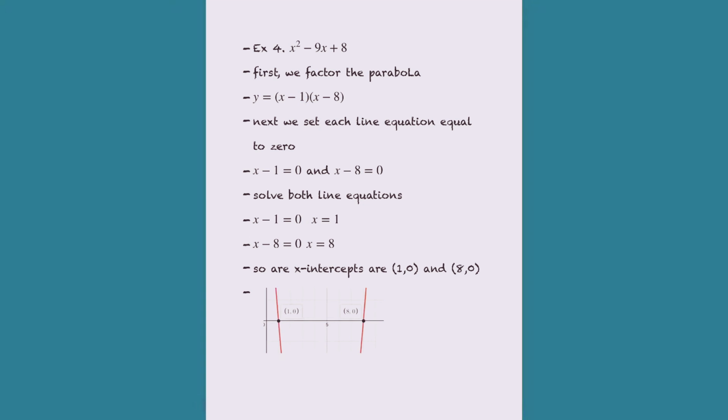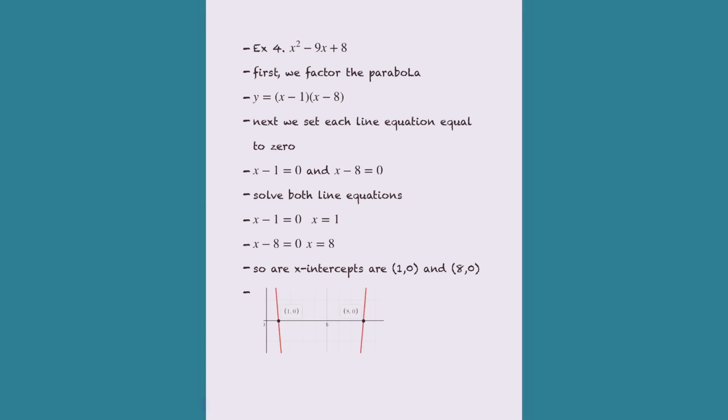Next we set each line equation to 0. So we factored, we have x minus 1 equals 0, and x minus 8 equals 0. So now we solve both line equations. For x minus 1 equals 0, x is 1. X minus 8 equals 0, x is 8.